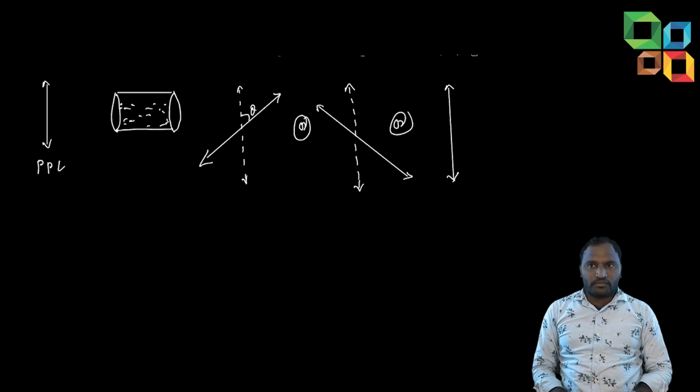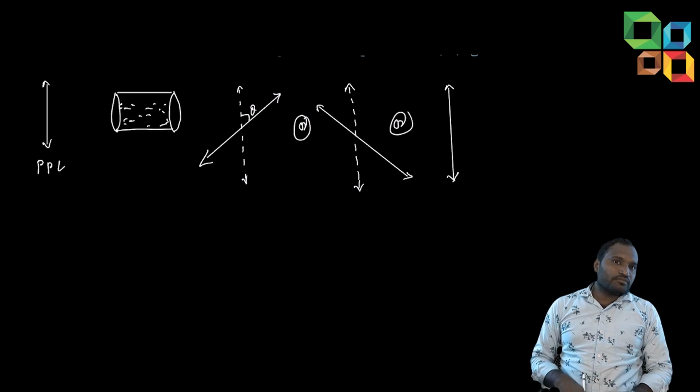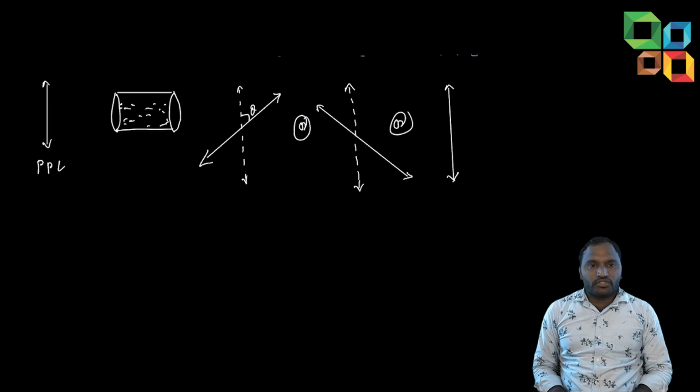Optical activity, write no side heading. Compounds which rotate plane polarized light, either in the clockwise direction or anti-clockwise direction, are called optically active substances.